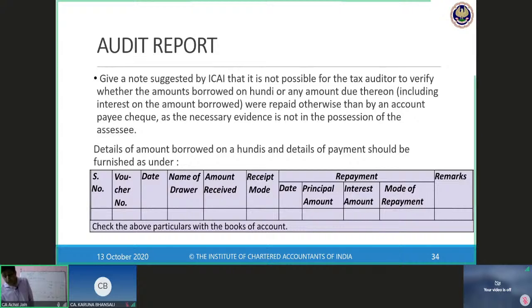And all of these particulars should definitely be traced to the books of accounts, because they should be in line with the numbers which would have been reported in the books of accounts.